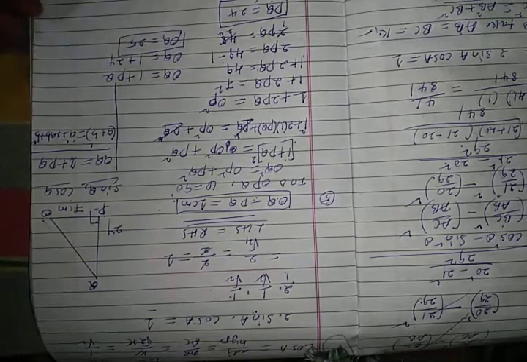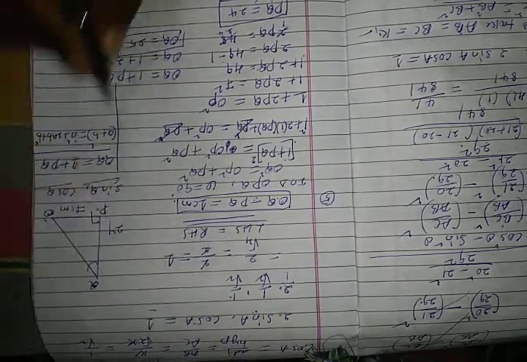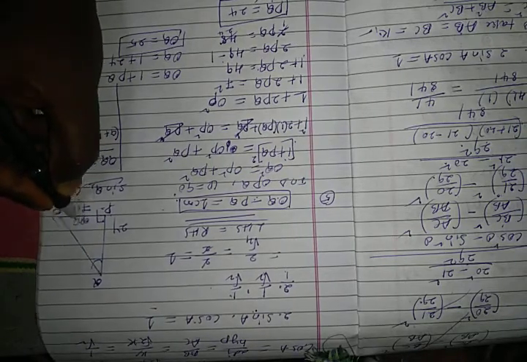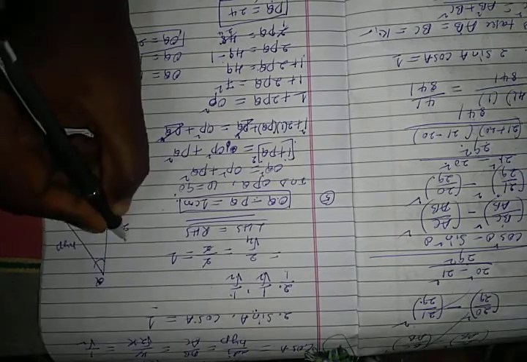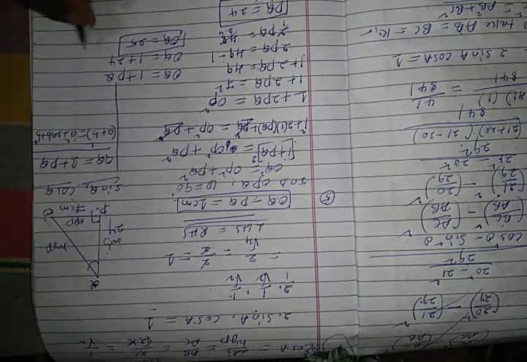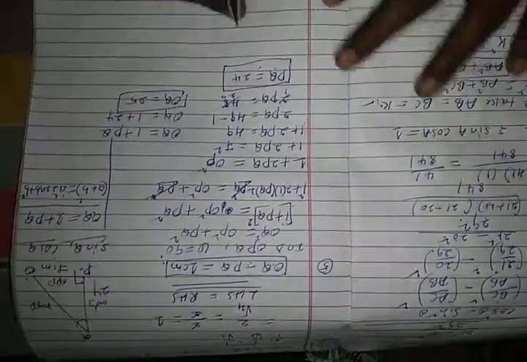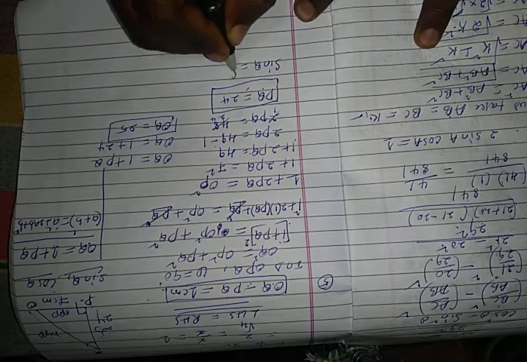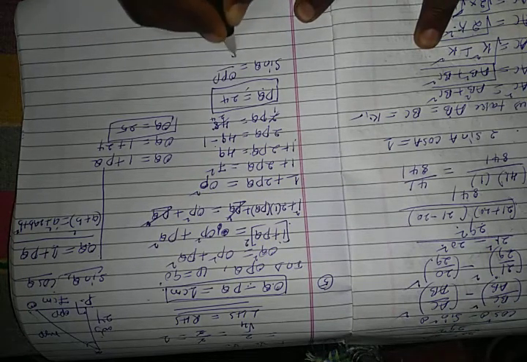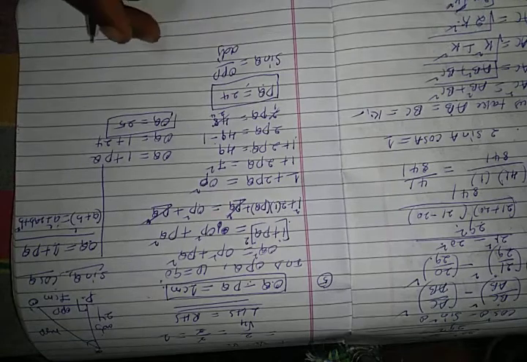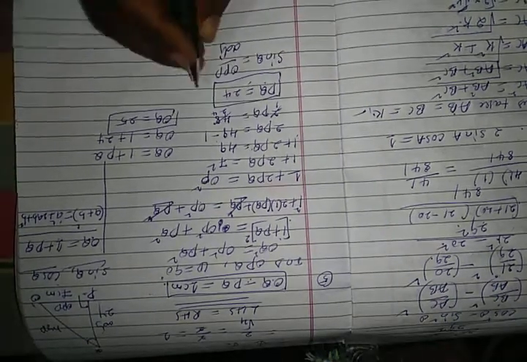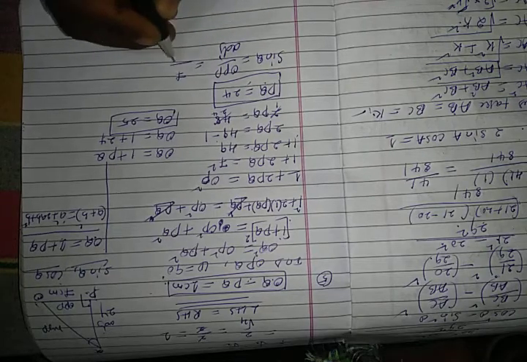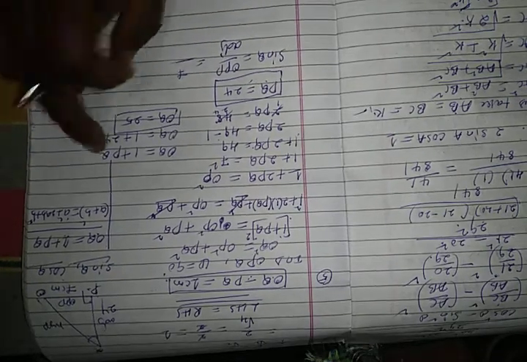Q is an acute angle because we need sin Q and cos Q. Then this one is opposite, this one is hypotenuse, this is adjacent. So sin Q is equal to opposite by hypotenuse. What is opposite? 7 centimeter.